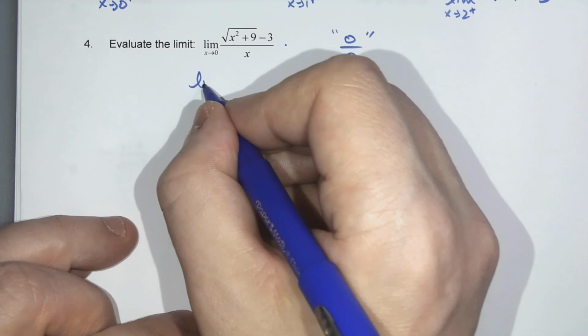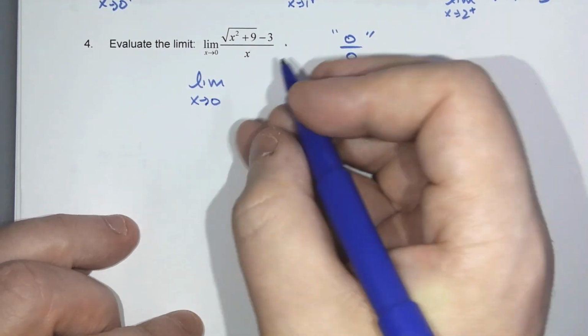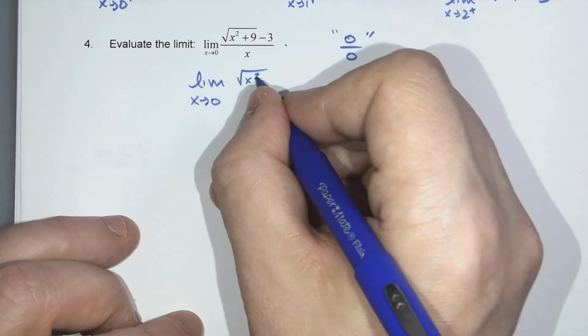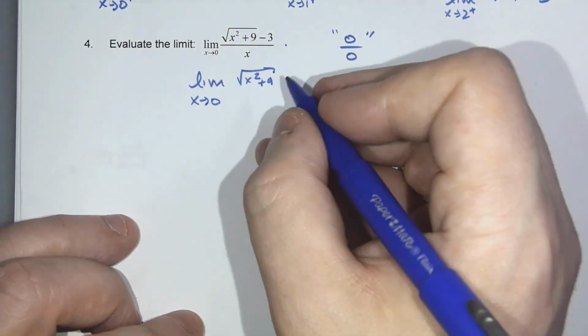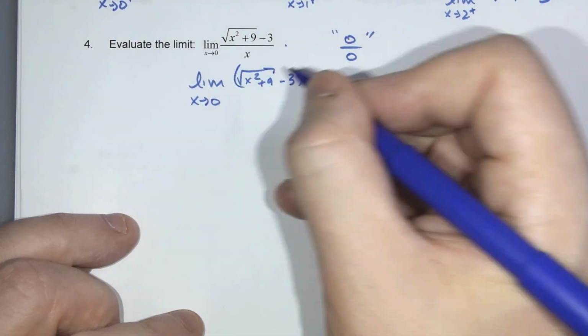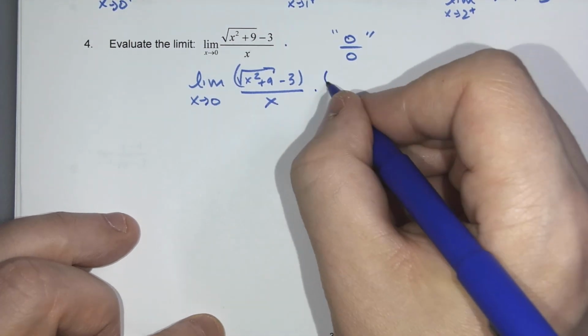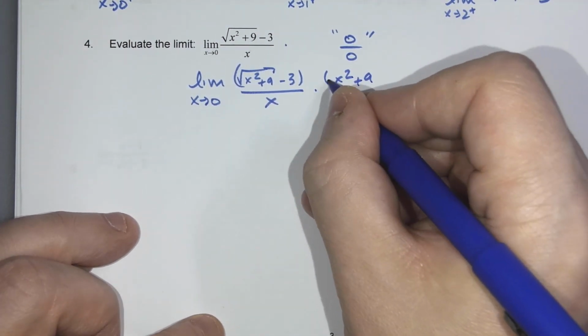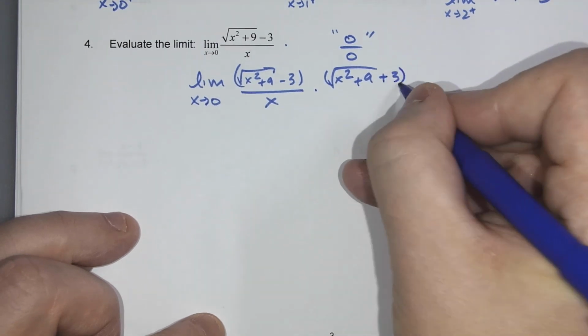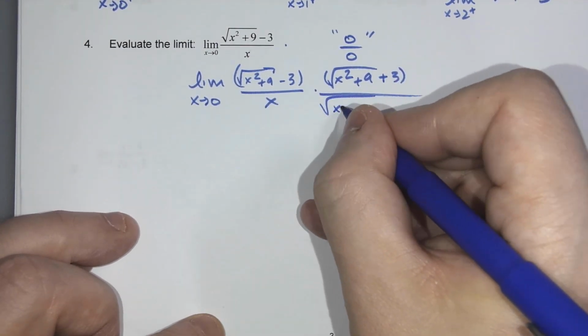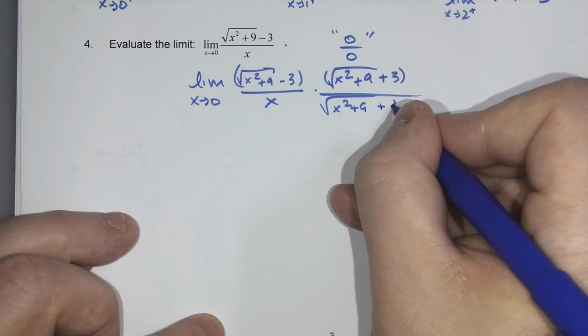And what I'll choose to do is multiply by the conjugate. So I will rationalize the numerator. Radical x squared plus 9 minus 3, multiply by radical x squared plus 9 plus 3, over radical x squared plus 9 plus 3.